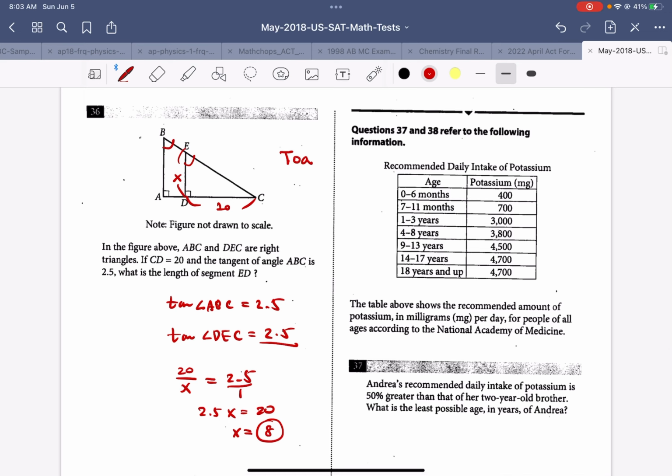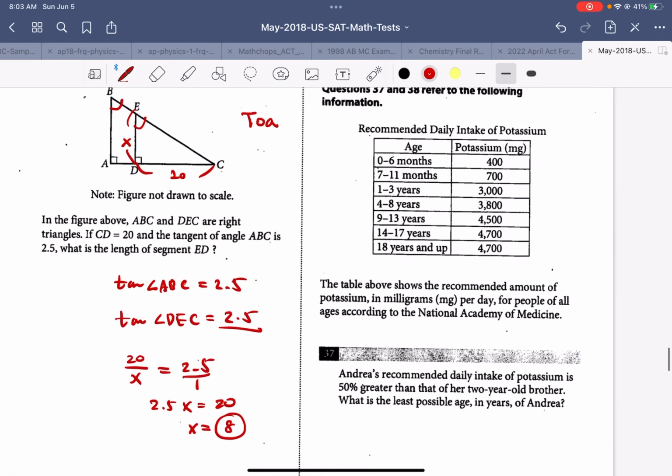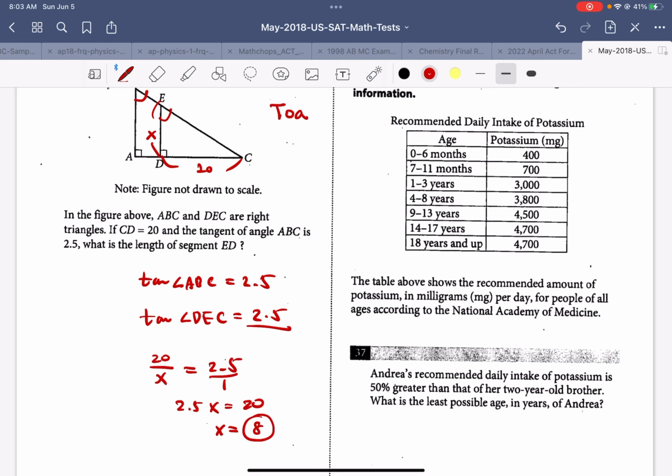37 and 38. The table shows the recommended amount of potassium in milligrams per day for people of all ages according to the National Academy of Medicine. Andrea's recommended daily intake of potassium is 50% greater than her 2-year-old brother's. What is the least possible age of Andrea?